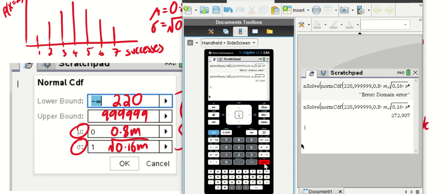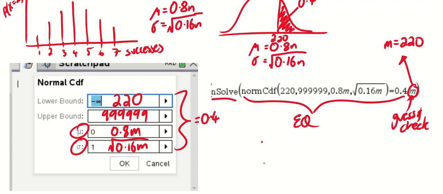So we've got m equals 272.9. Remember n, or m, whichever letter you're using, is a number of trials, so we'll round this up to 273 trials.